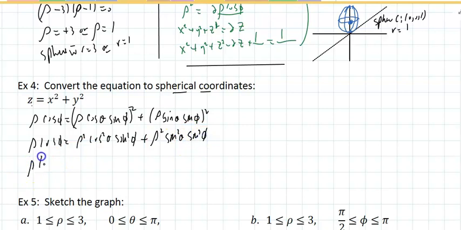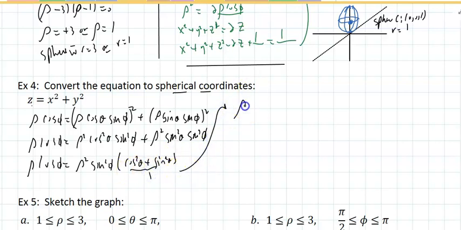And you notice this is always going to happen. I could factor a rho squared sine squared of phi out. I'll have cosine squared of theta plus sine squared of theta, which is 1. So I'm left with rho cosine of phi minus rho squared sine squared of phi equals 0.